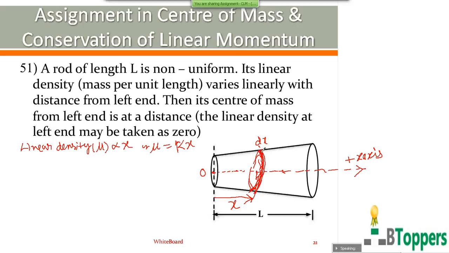You may assume the linear density to be almost the same at all points within this thickness dx. So the mass of that elementary part of the rod can be written as mass per unit length into the length of that elementary part, nu into dx. Nu is the linear density, mass per unit length, which you can write as k into x.